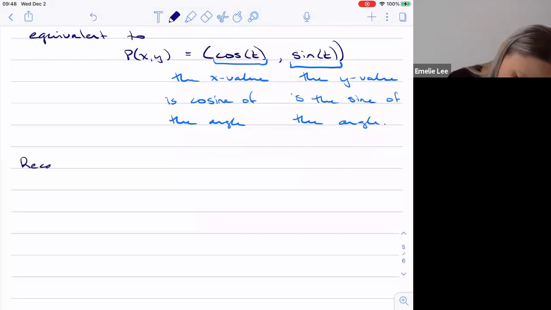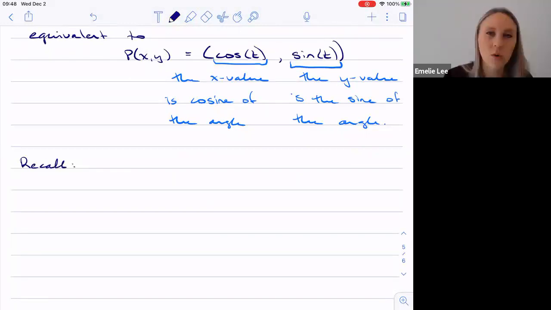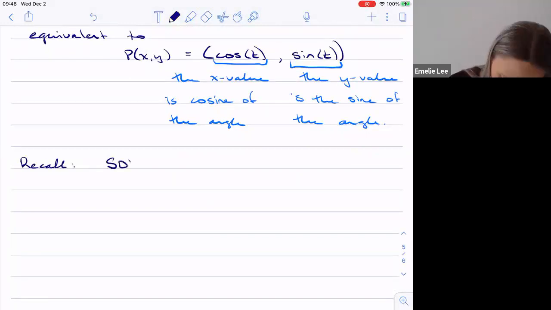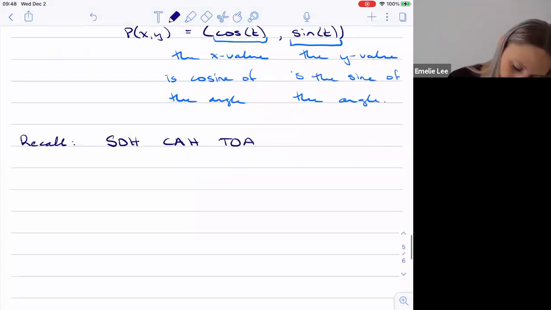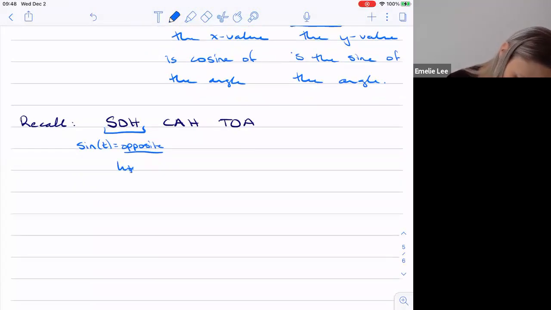Recall from math before, SOHCAHTOA says that sine of t is the opposite over hypotenuse.